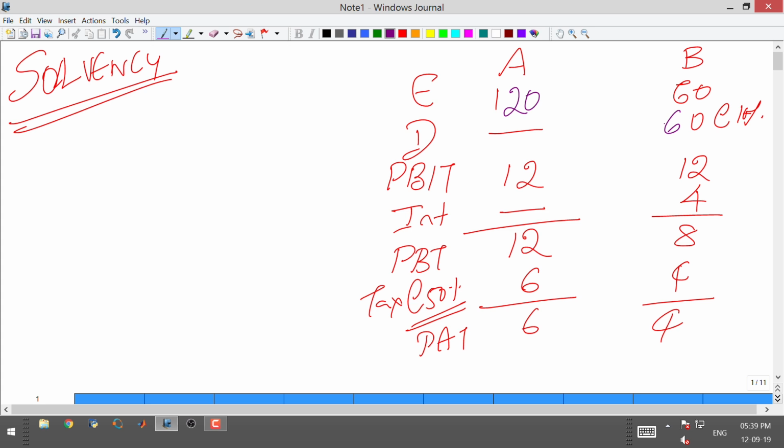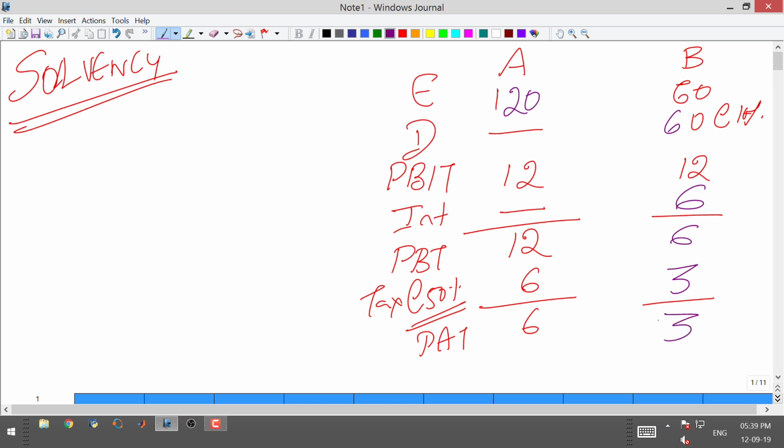Now imagine what happens. Year 1, there is a new asset, I have invested more, but the returns have not started coming. I earn the same kind of return of $12, perfectly alright. Now, in this particular case, $6 is the interest that I have to pay, because I have to pay interest on $60. Then this becomes $3 out there.